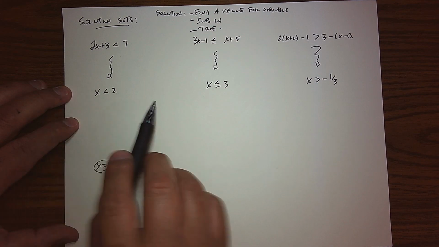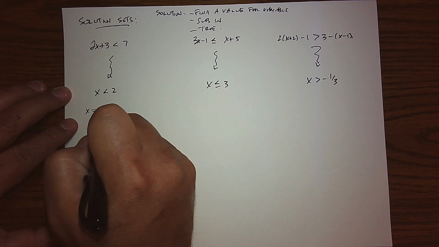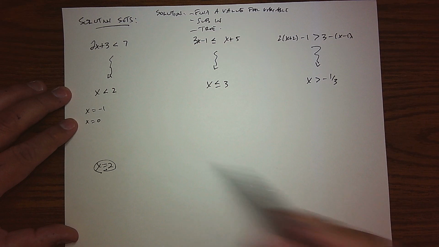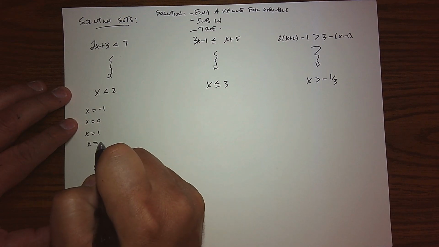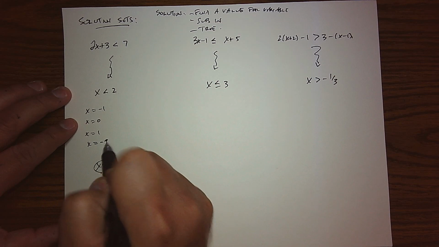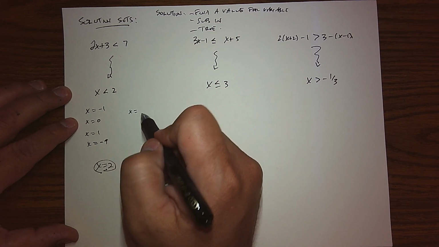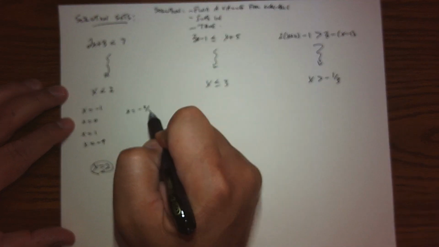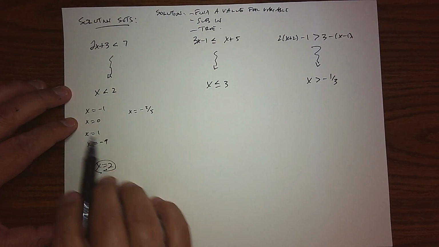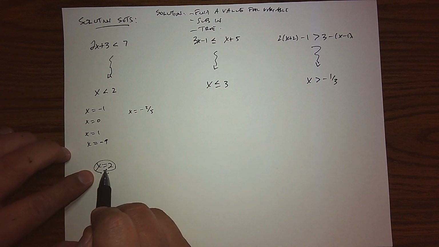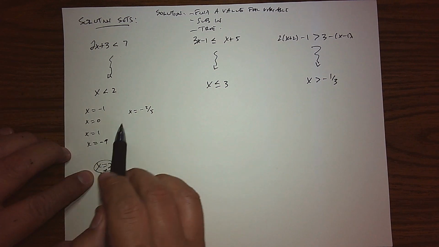Things like x equals -1 would work. x equals 0 would work. x equals 1 would work. If you want a bigger negative number, you can say x is -4. Don't forget about fractions, so -2/5 would work. So rather than an equation where only one worked, we have a whole bunch.